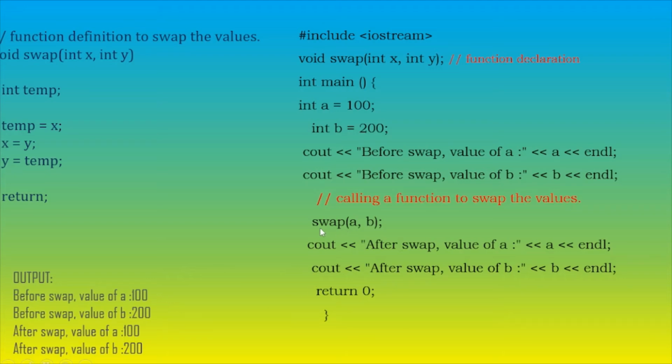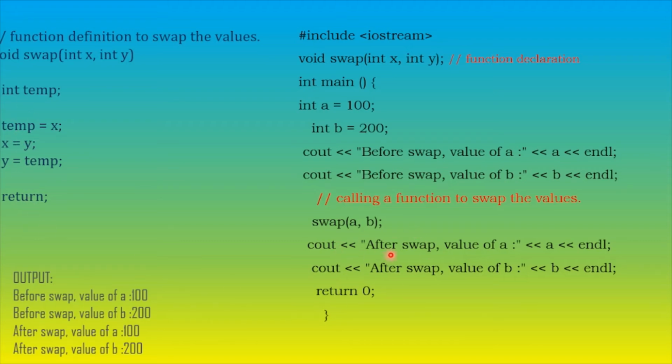Here we call the method swap(a, b). It goes from here to here. Here we change the x value to y and the y value to x by using a temporary variable, and these are exchanged.